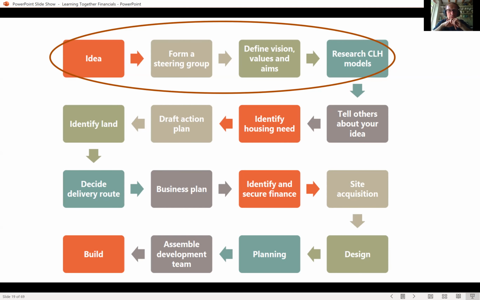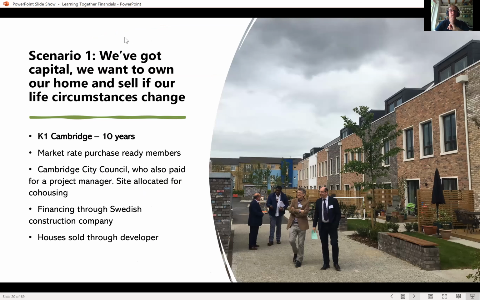And it comes up in conversations in your steering groups and the formation of the project right at the beginning, and possibly through researching CLH models, as you can see there. And the scenario will define what the project will be, essentially. And I've tried to do it this way because I think it helps you understand the different range of models and how that fits into real world situations.